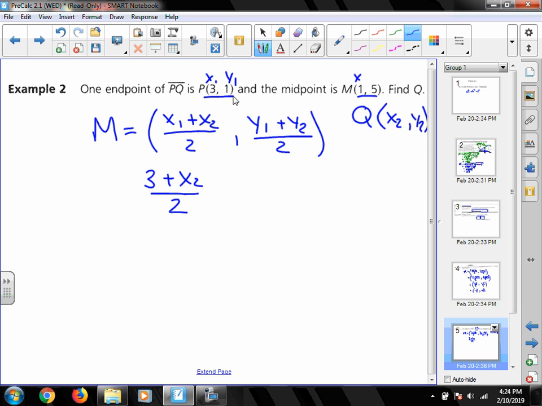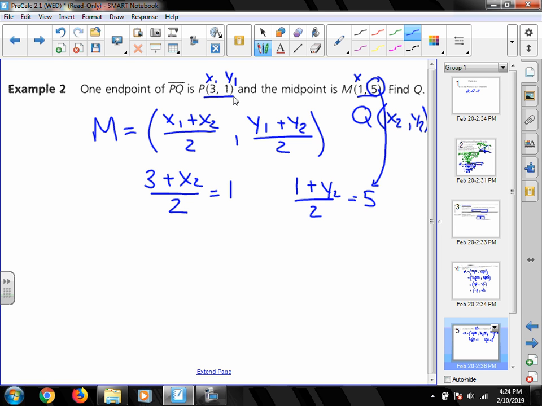I'm going to set it equal to whatever the midpoint x value is, in this case, 1. I'm going to set up a very similar equation to help me find my y's. y sub 1 is 1 plus y sub 2 that comes from Q, which I don't know, divided by 2. That has to be equal to the y value of my midpoint, this 5.